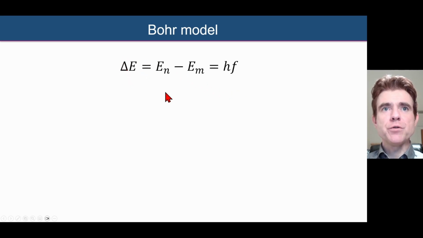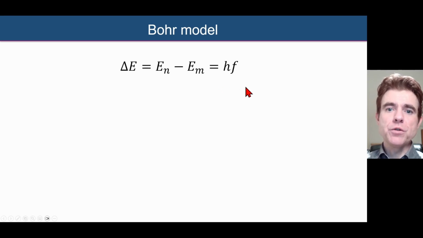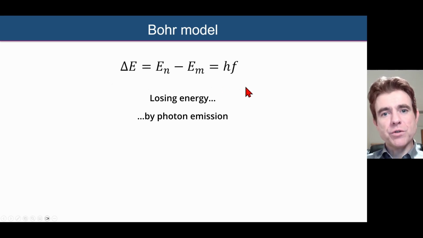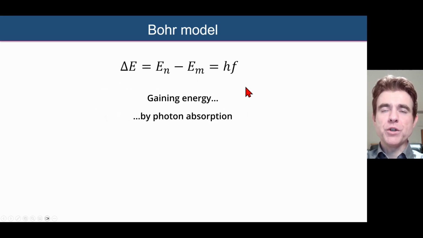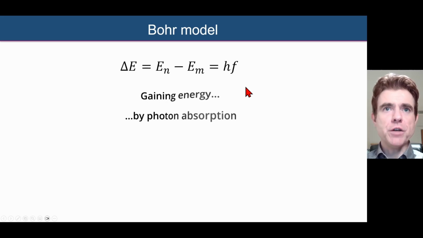Basically, the energy difference between two integer quantum states, quantum energy levels, quantum number n, quantum number m, the difference between those two states in energy can be expressed in the form of a photon, either emitted in order to drop down an energy level, or absorbing a photon of energy hf in order to go up an energy level.